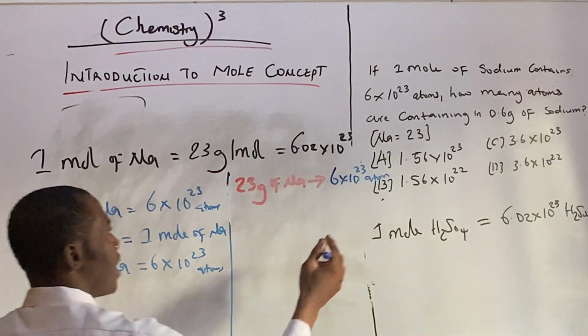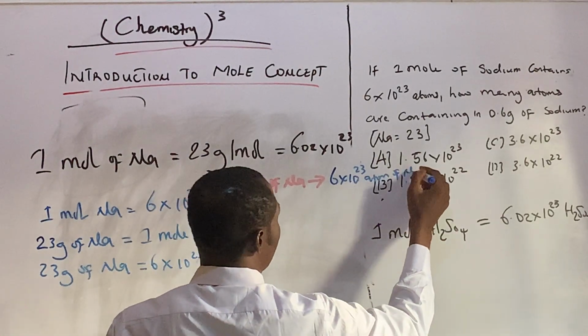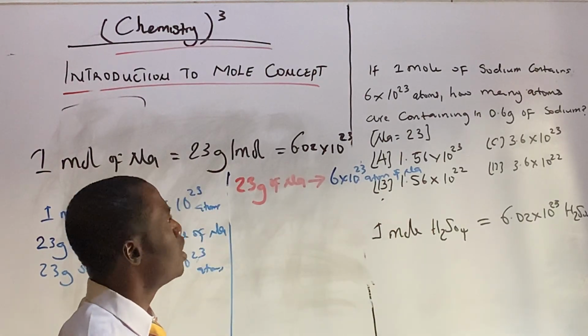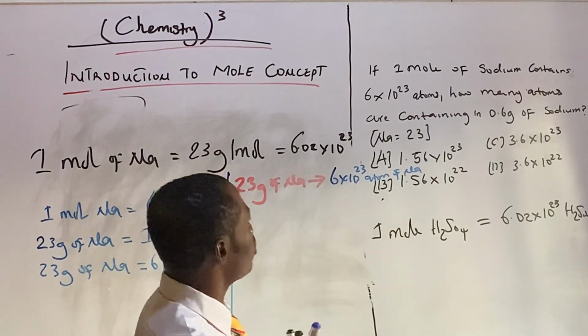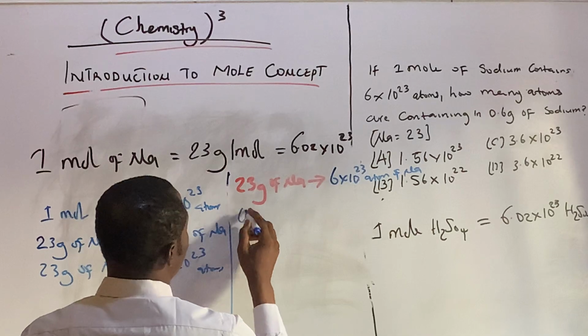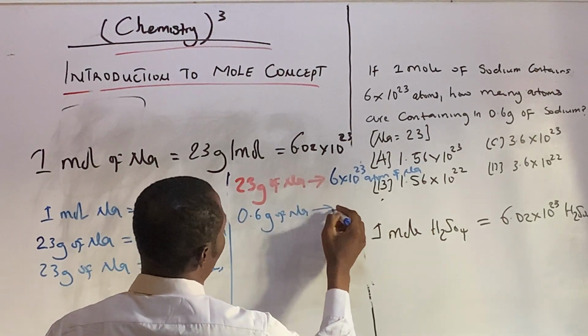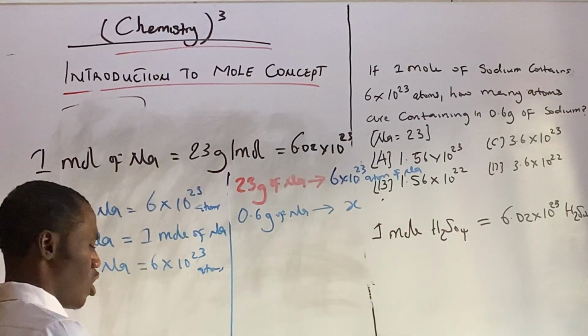Remember, atoms of sodium. All right. Now we are asked: 0.6 gram of sodium will contain how many atoms of sodium? So 0.6 gram of sodium will have X atoms of sodium.